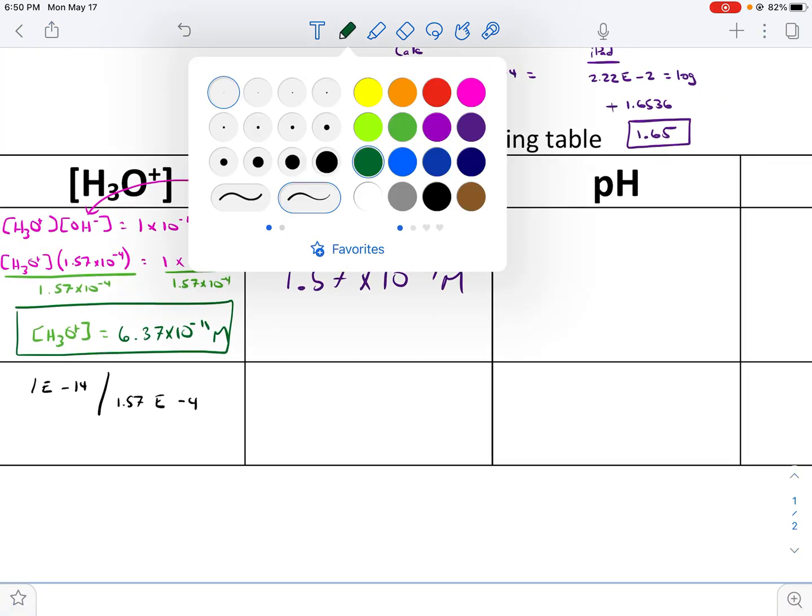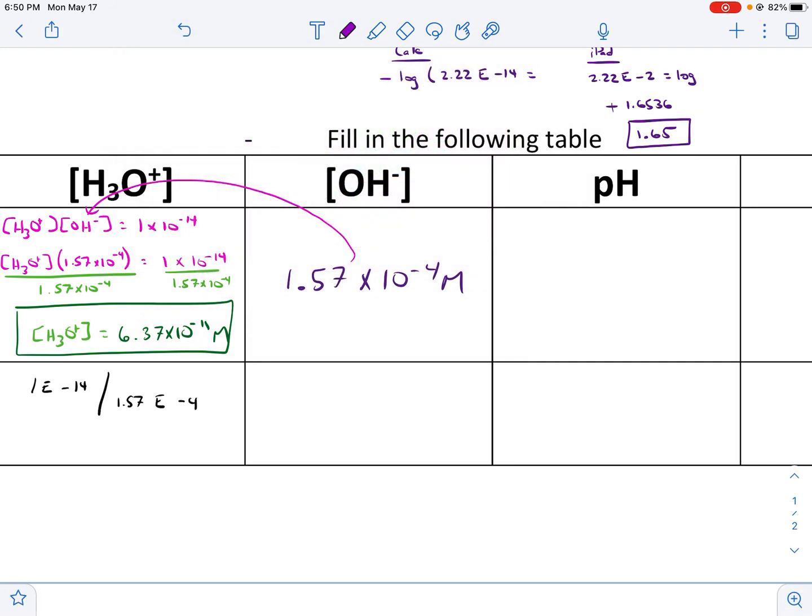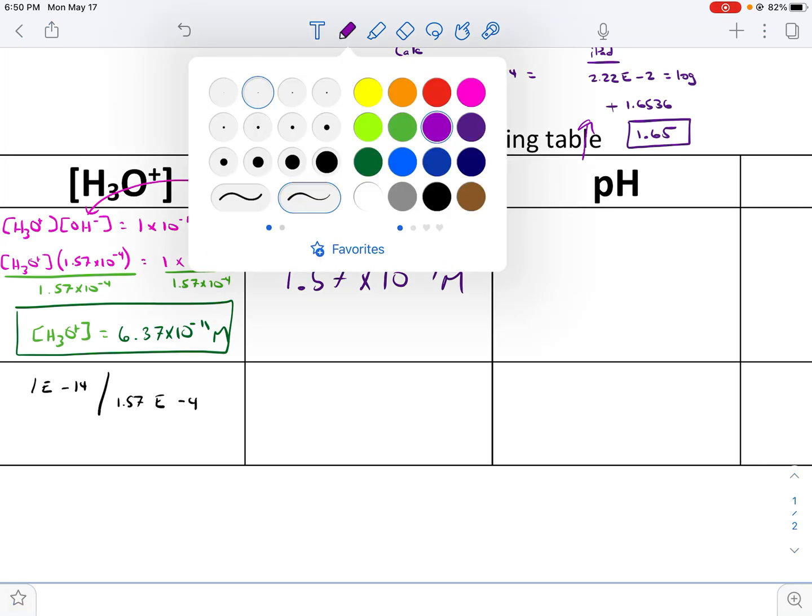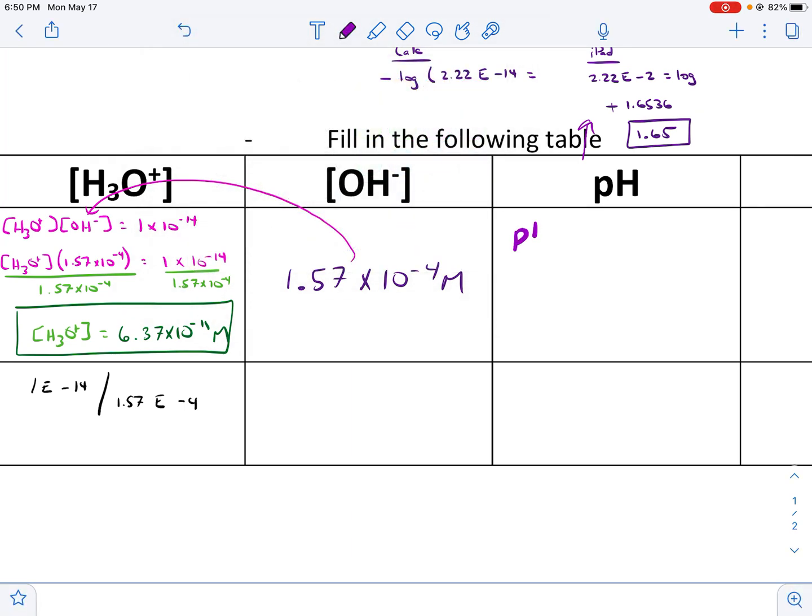So let's go to pH. Our pH is going to be like that one we just solved up above. pH is equal to the negative log of our hydronium ion concentration. So we're going to take negative log of 6.37, the one we just found, times 10 to the negative 11th.